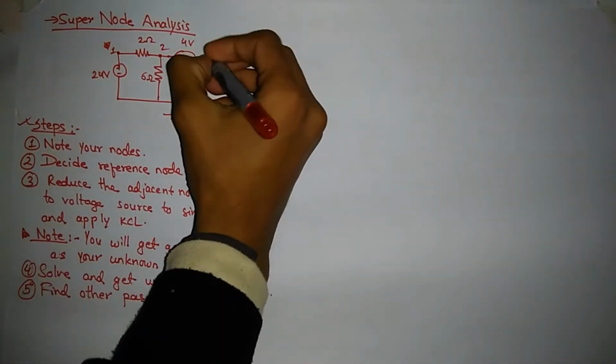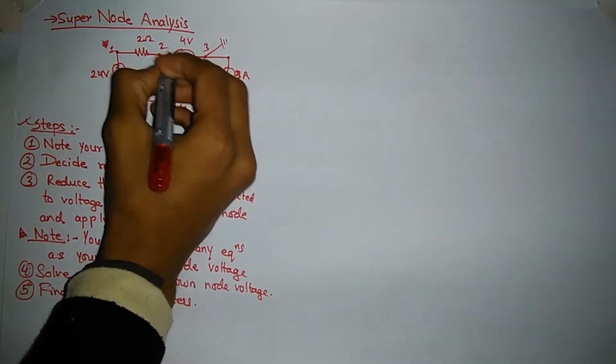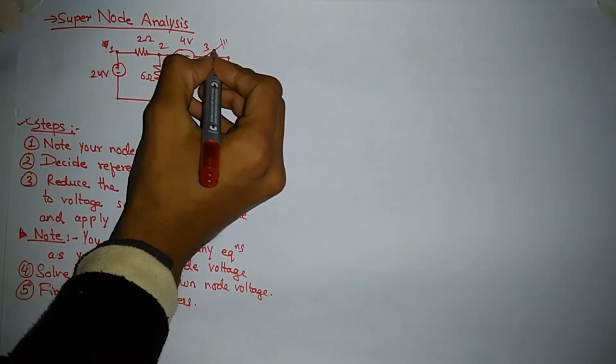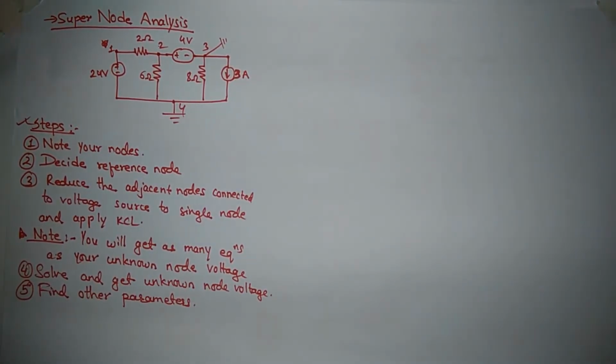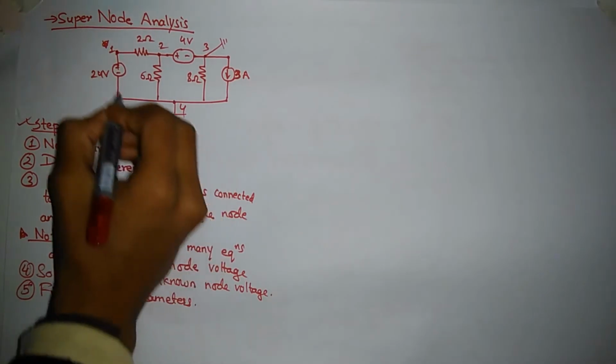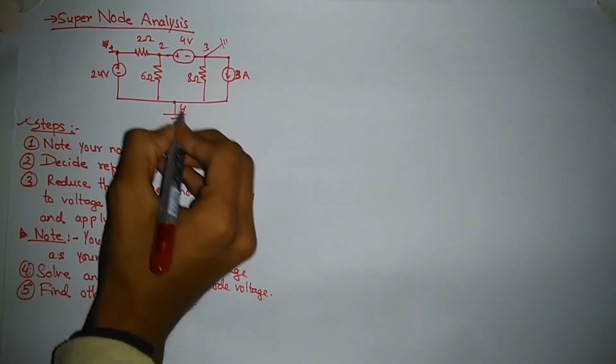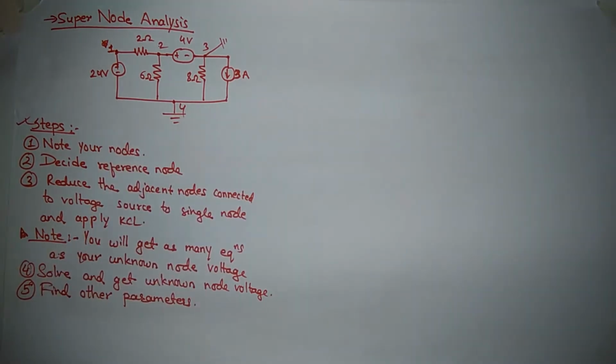If I consider my reference node here, to avoid node 2 and node 3 being a supernode, then still I will get a supernode, since I will have my node 1 and node 4 as unknown nodes.